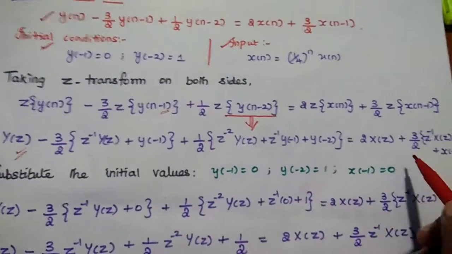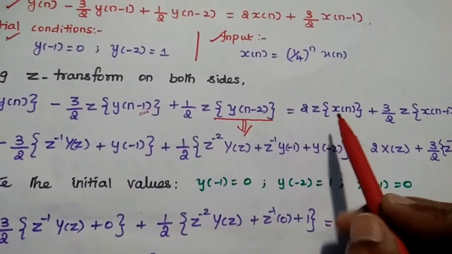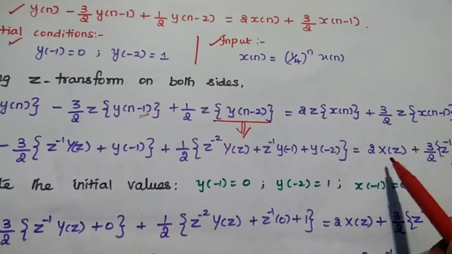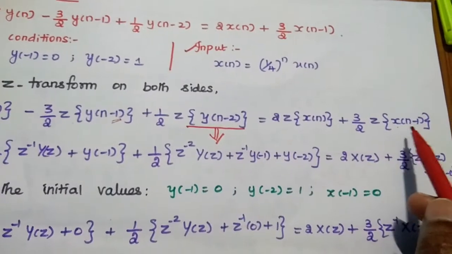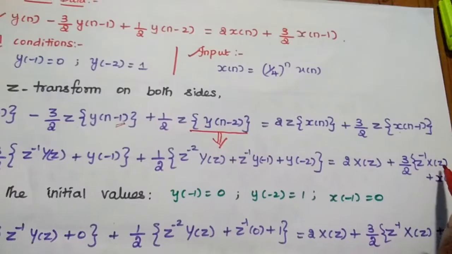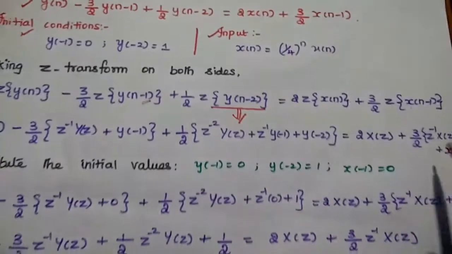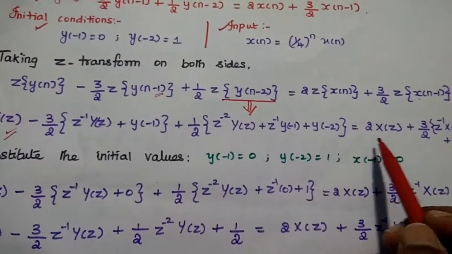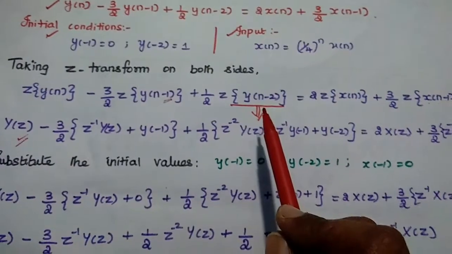That is equal to, on the right hand side, 2 into Z transform of x of n, which is x of z, plus 3 by 2 Z transform of x of n minus 1, which is nothing but z inverse into x of z plus x of minus 1. So this is the complete Z transform of the given difference equation.